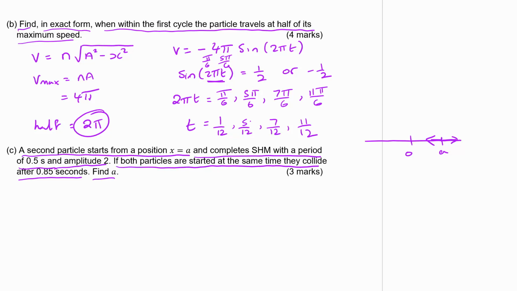So we can say that x is equal to 2 sine. Now, if we want the period to be 0.5 seconds, we need 4πt in here. In other words, when t is 0.5, this would be 2π.